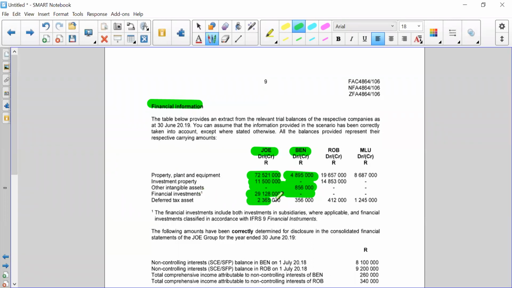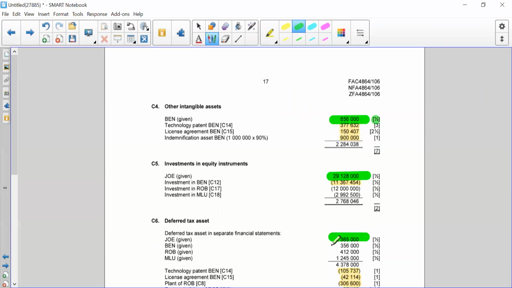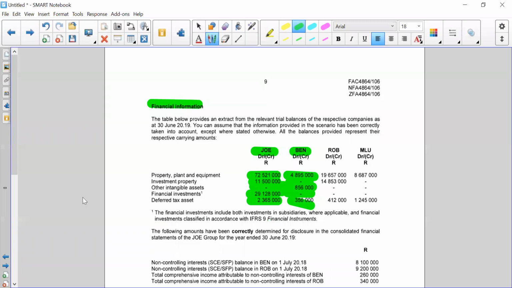And then our deferred tax asset, 2,365 and 356, all given. And that's pretty much all that we've been given for Ben. Like I said, we'll come back to the others in a bit.